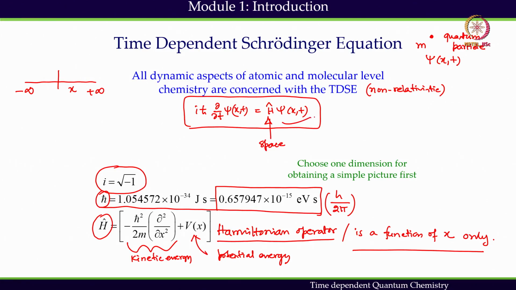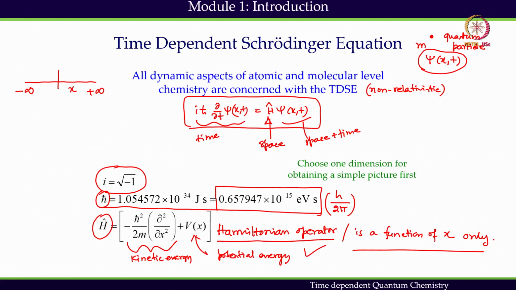the wave function is both space and time dependent, and this part is the time evolution of that wave function. And the wave function, which is going to describe the particle at the atomic and molecular level, will solely depend on this Hamiltonian operator.